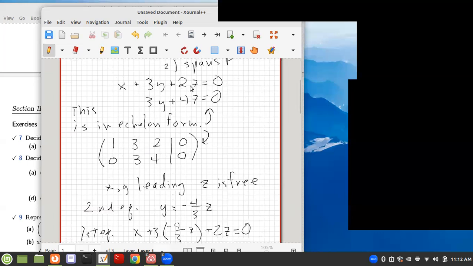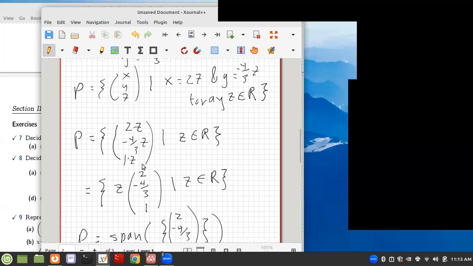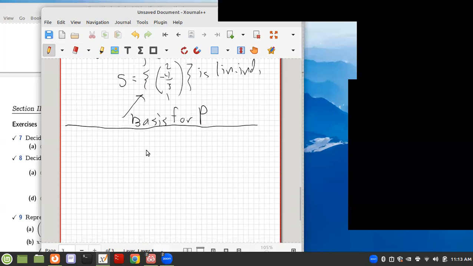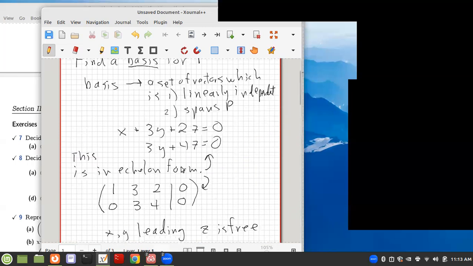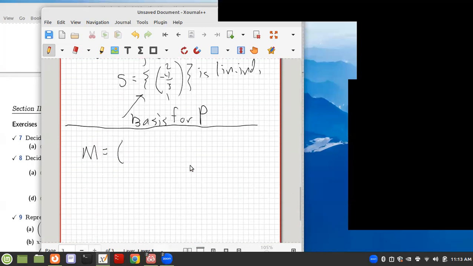So this is the coefficient matrix of the linear system that's in this set here, 1, 3, 2, 0, 3, 4. So let's look at this matrix M equals, and I've forgotten already, 1, 3, 2, 0, 3, 4.